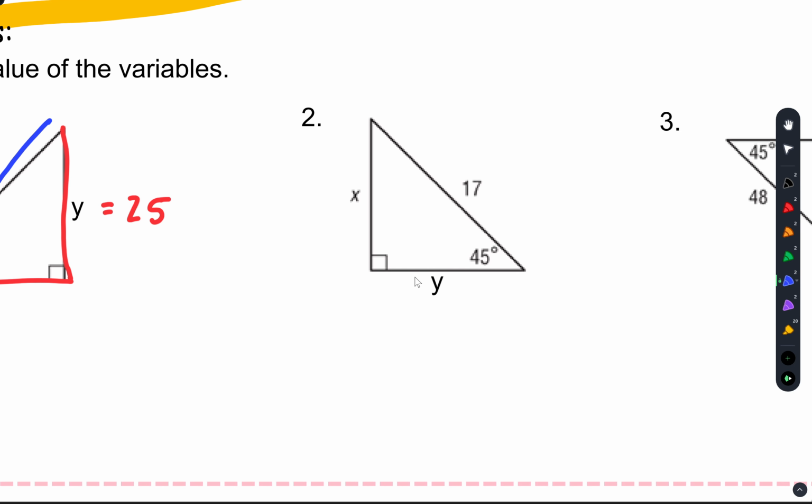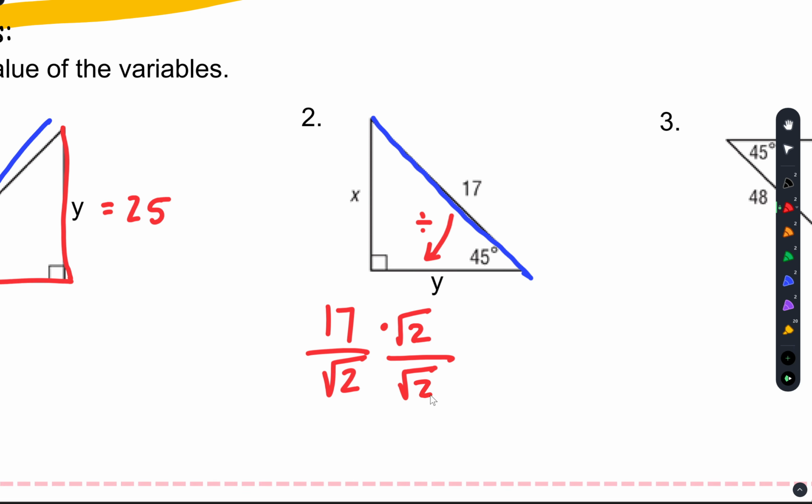Okay, then we make it a little bit difficult. We start with the hypotenuse, and I need to go backwards to get the leg. Well, if I'm going backwards, I'm dividing by that magic number, radical 2. So 17, my hypotenuse, divided by radical 2, 17 over radical 2. However, we know the rule that we cannot leave a radical in the denominator, so we need to rationalize that denominator. So I'm going to multiply by radical 2 over radical 2.